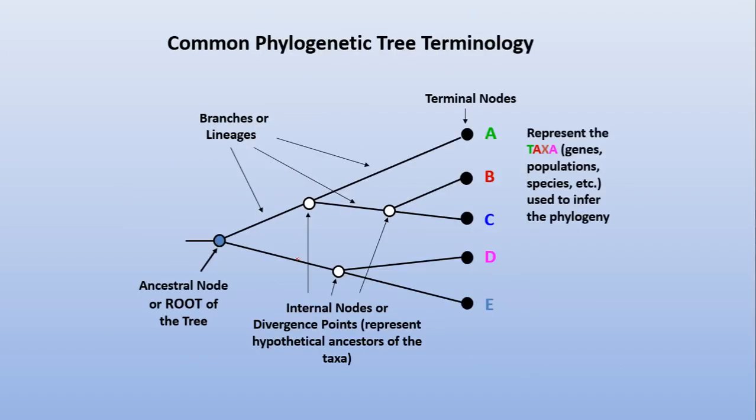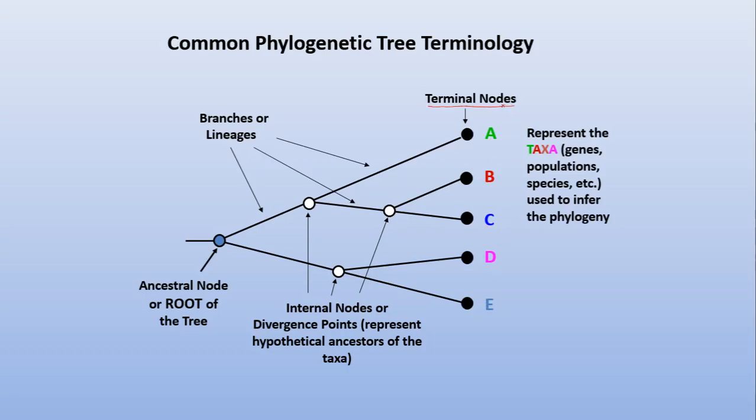Okay, so let us try and understand some common phylogenetic tree terminologies before we proceed for further discussion. If you have been provided with any tree, the nodes that are present on the terminus of your tree are usually referred to as terminal nodes. So over here, the nodes that are present at the terminus or at the end of the tree, for example, nodes that we have designated as A, B, C, D, and E, are called terminal nodes.